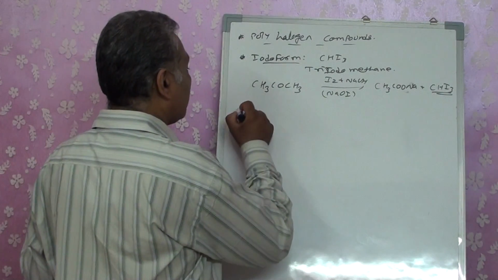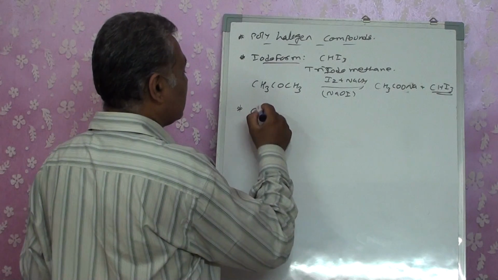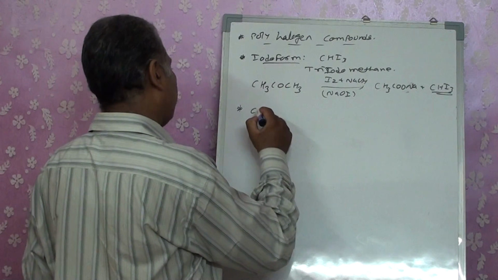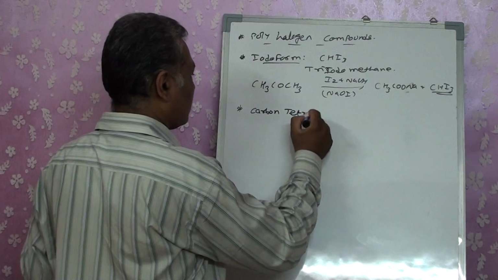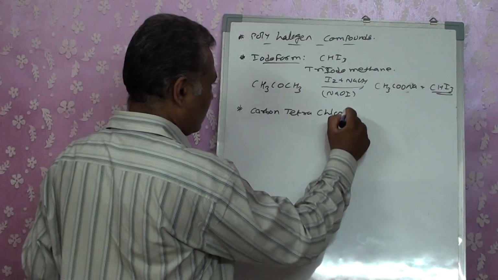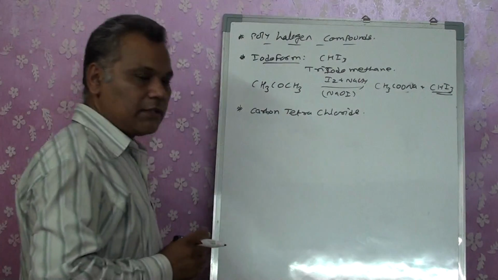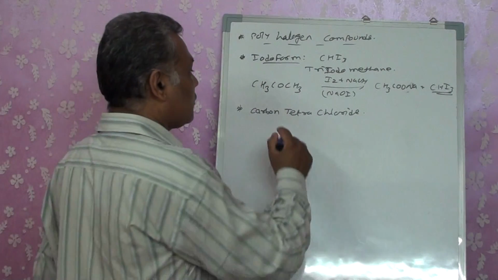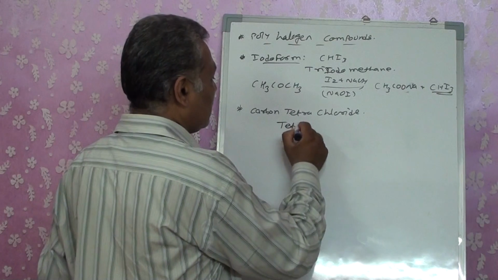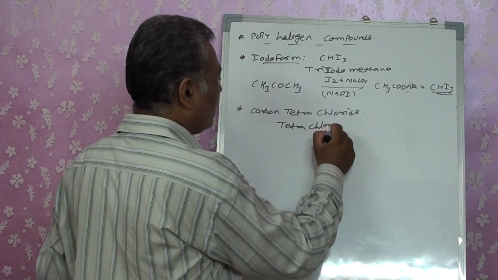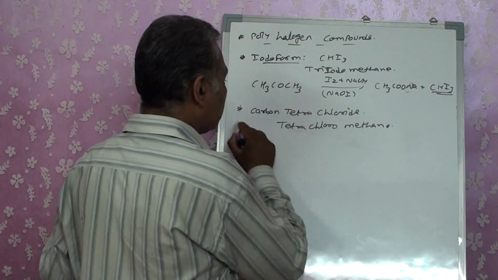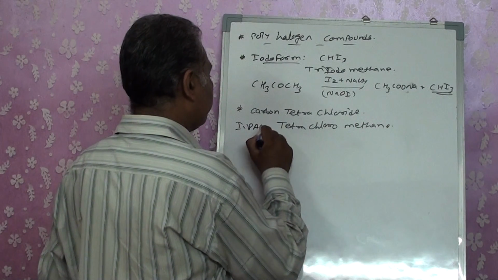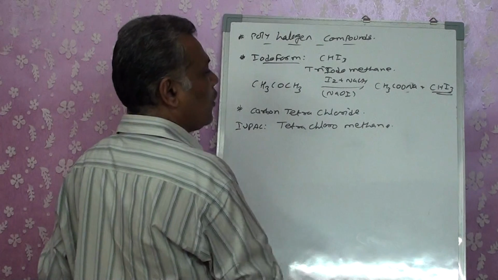The fourth component is carbon tetrachloride, also termed tetrachloromethane. This is the IUPAC name, while this is the common name.